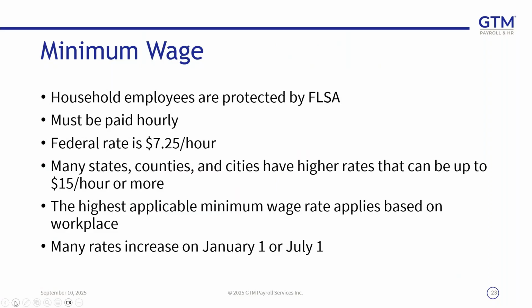In California, for example, the minimum wage is $16.50 an hour, which supersedes the federal rate and becomes the applicable rate. However, dozens of cities in California have higher rates than the state rate. Los Angeles is now $17.87 an hour, and San Francisco is $19.18 an hour. So those local rates would apply.